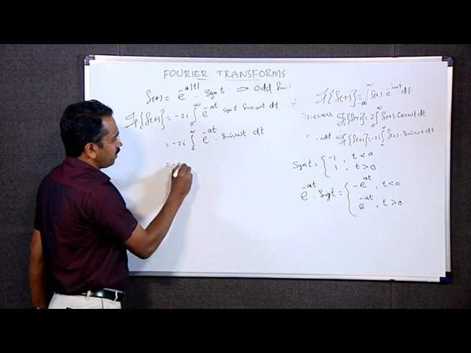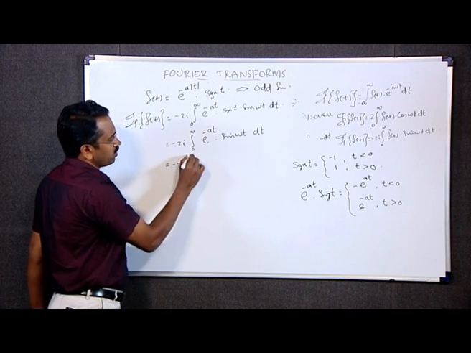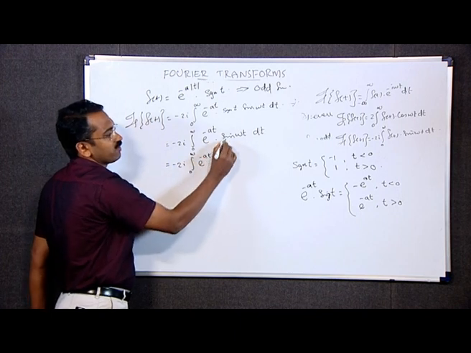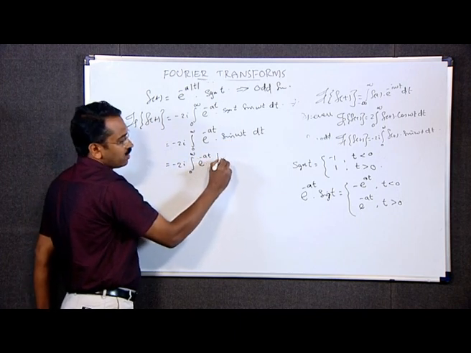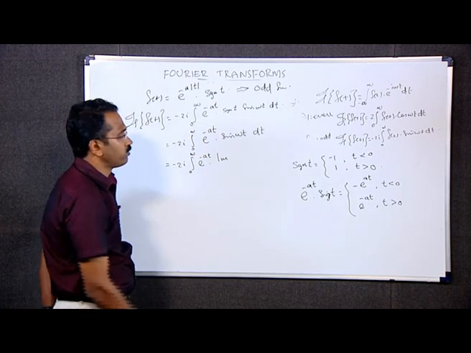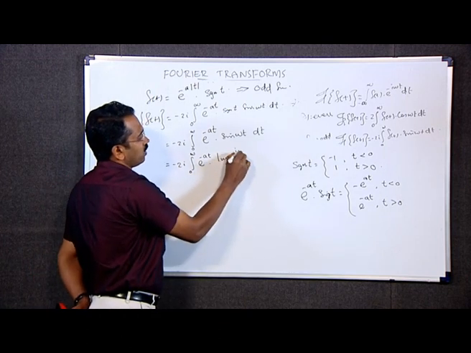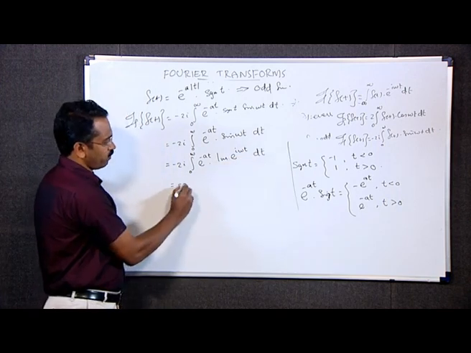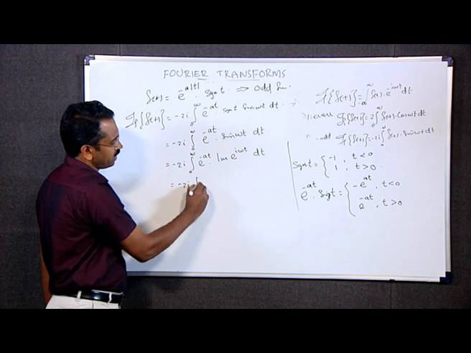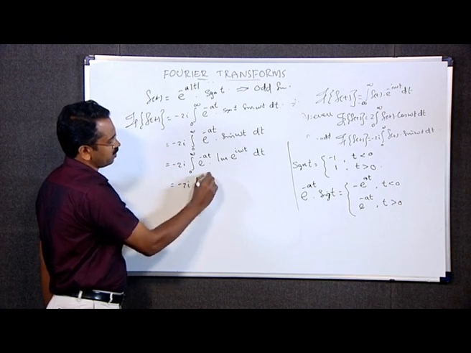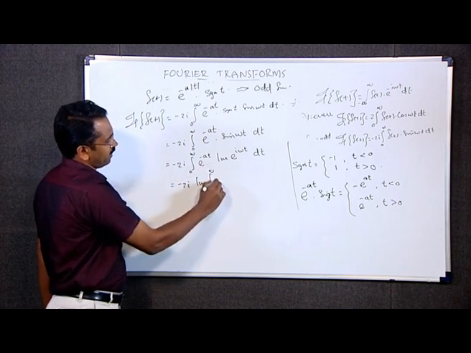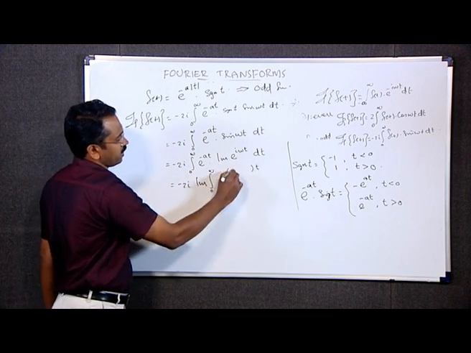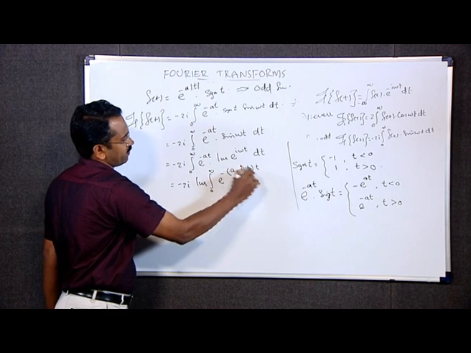This is equal to minus 2i into integral from 0 to infinity e raised to minus a t into, we can write sin omega t as the imaginary part of e raised to i omega t dt. This is equal to minus 2i into imaginary part of integral from 0 to infinity e raised to minus of t into a minus i omega dt.